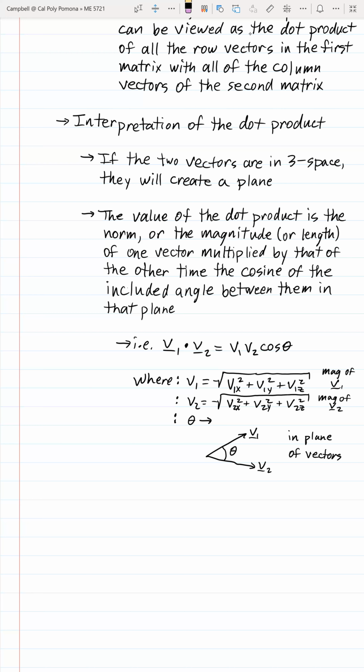So let's capture that: a magnitude, and here I'll just shorten magnitude to mag, times cosine of theta is equal to the projected length of one vector on the other vector.